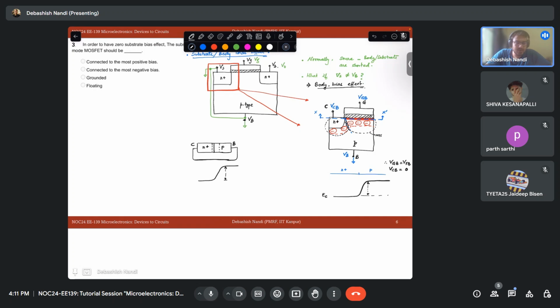In a PN junction diode, if both terminals are shorted together, that means it is in equilibrium, no current is flowing. It is equivalent to having these two terminals open. Nothing is connected to this. Then what is the potential across this region? What is this drop? This is your EC, this is your EF, this is your EV, this is your EC. So what is this value?